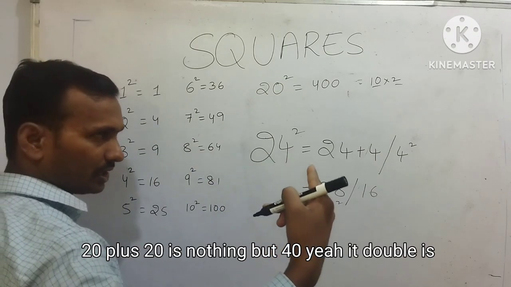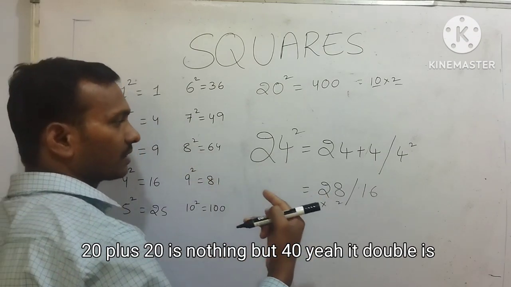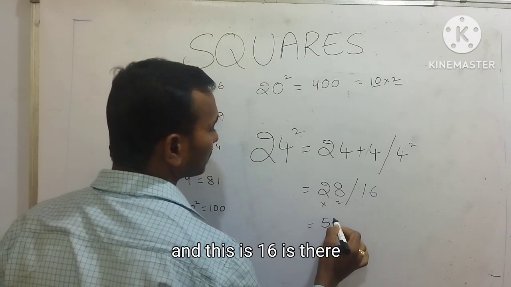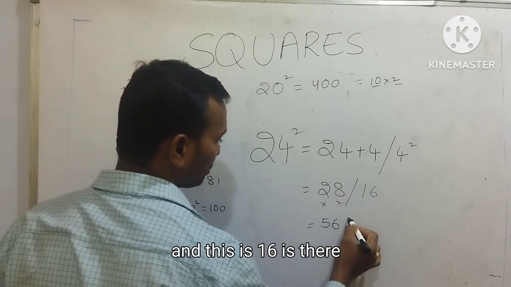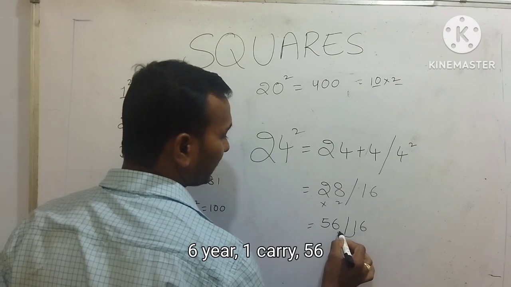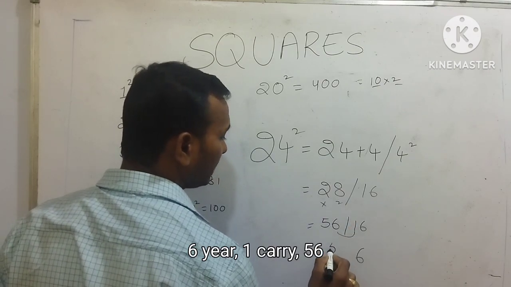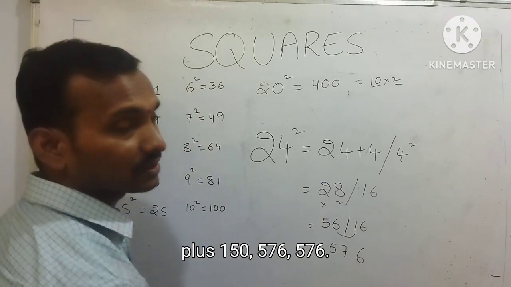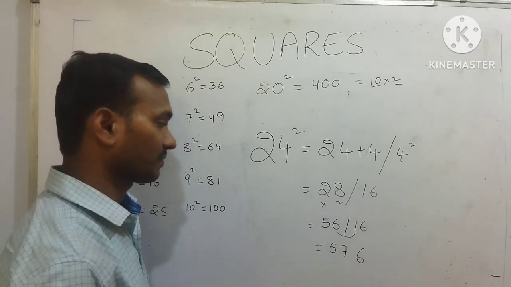So 20 plus 20 is nothing but 40. 8 doubled is 16. 40 plus 16, 56. And this 16 is there. So 6 here, 1 carry, 56 plus 1, 57. 576.